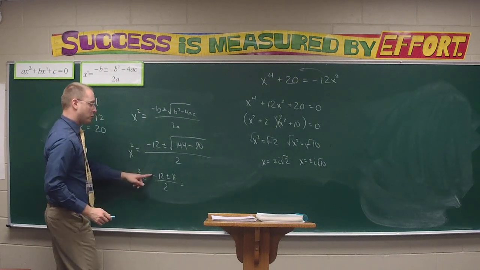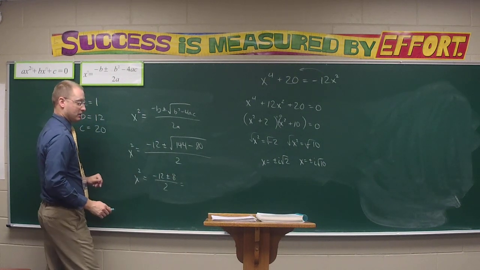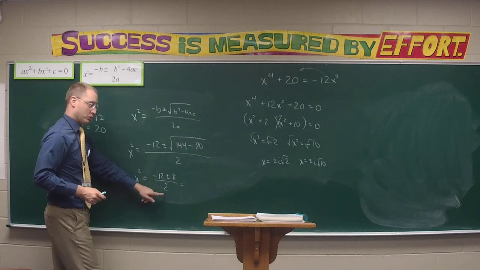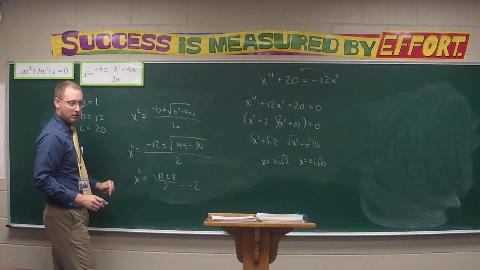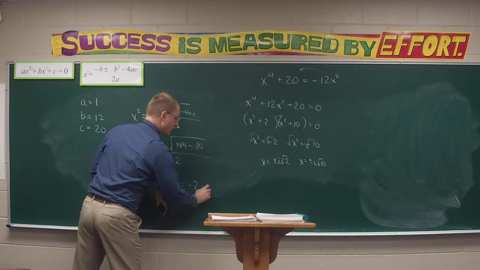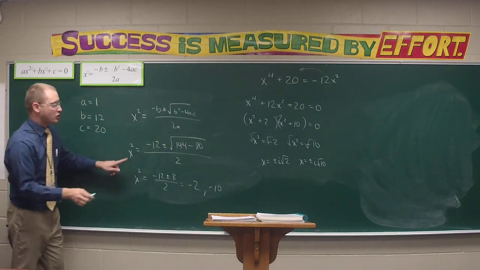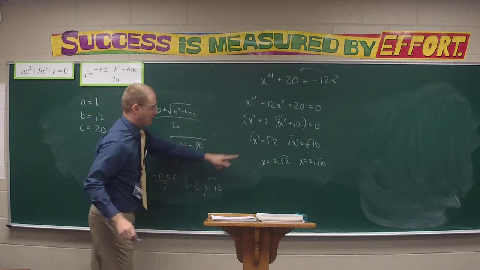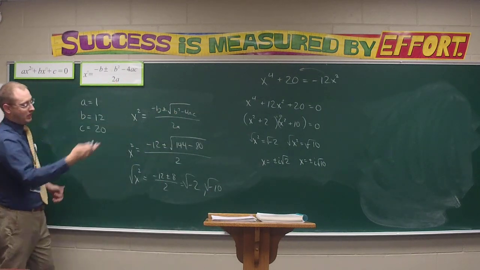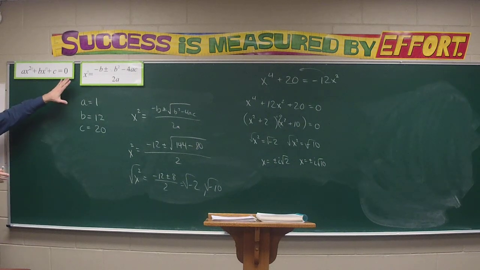Of course, negative 12 plus 8, class. Negative 4 over 2. Negative 2. And then negative 12 minus 8, negative 20 over 2. Negative 10. And those are my x squared values. Then we take the square roots. And that's where we still get the positive negative i square root of 2, positive negative i square root of 10. So you can still use the formula if you felt you needed to.